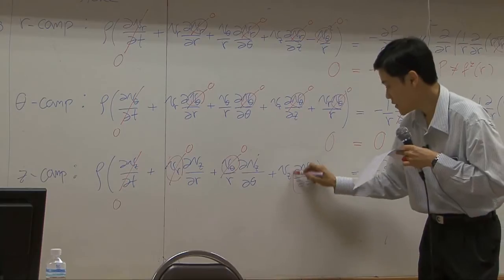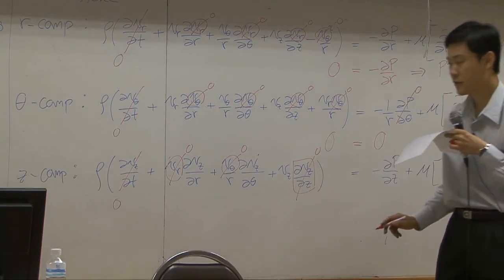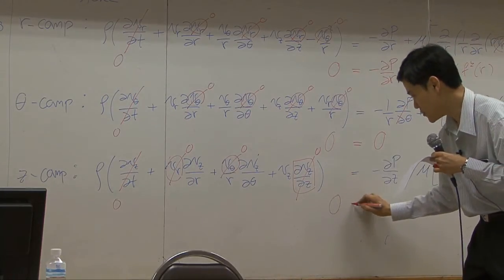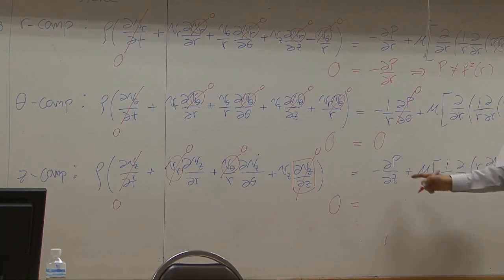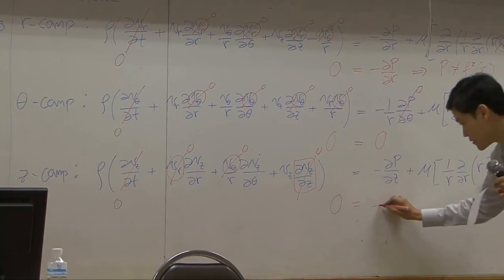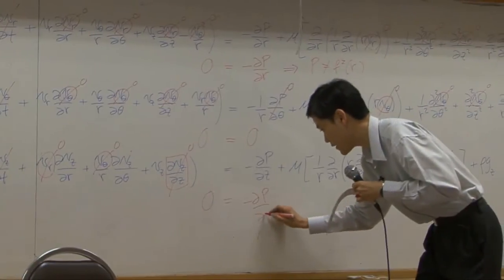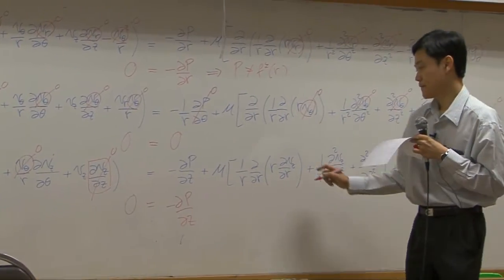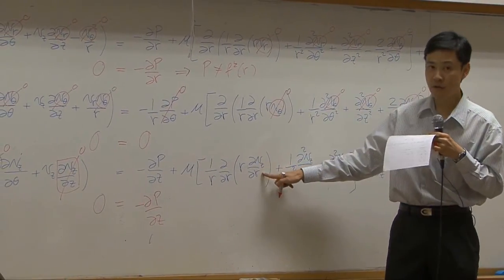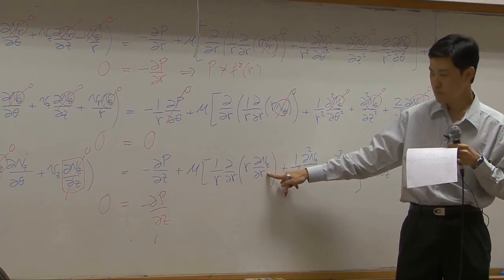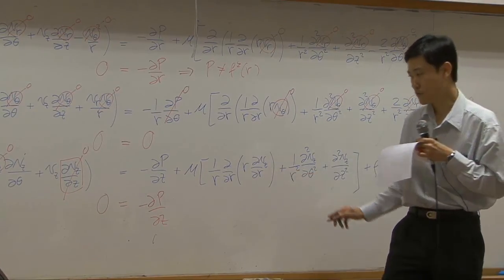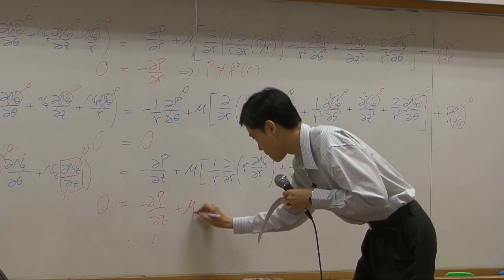No. This term becomes 0. So you have 0. Does pressure change with respect to Z? Yes. So you keep the pressure term, definitely. Is this term 0? No. So you need to keep it.